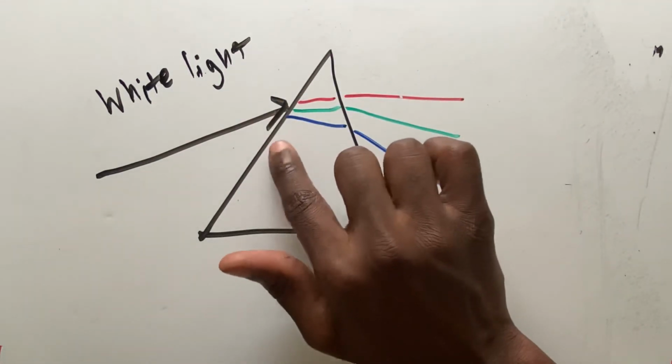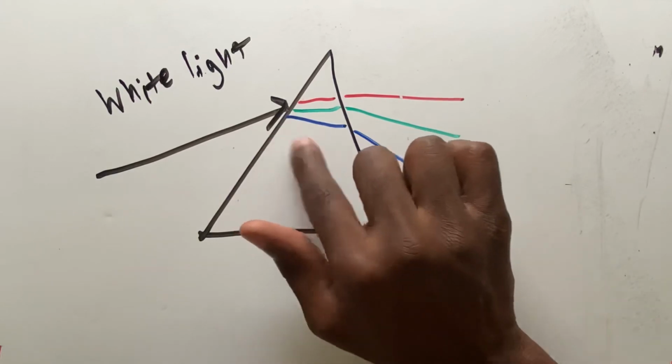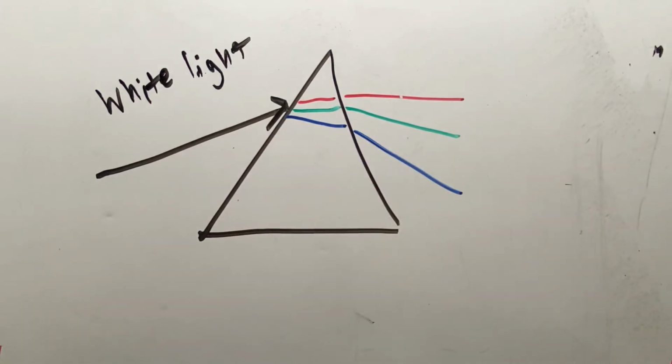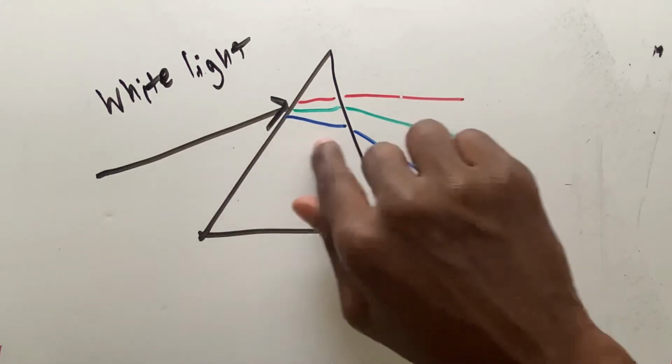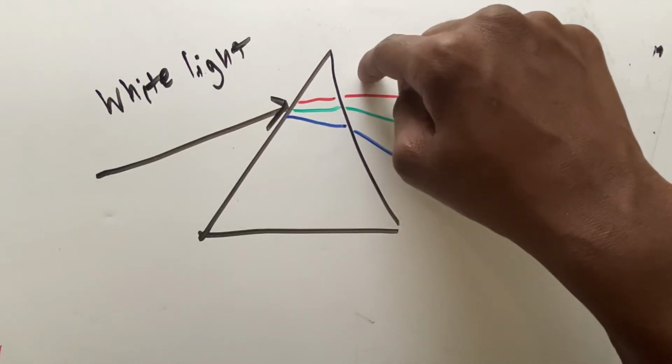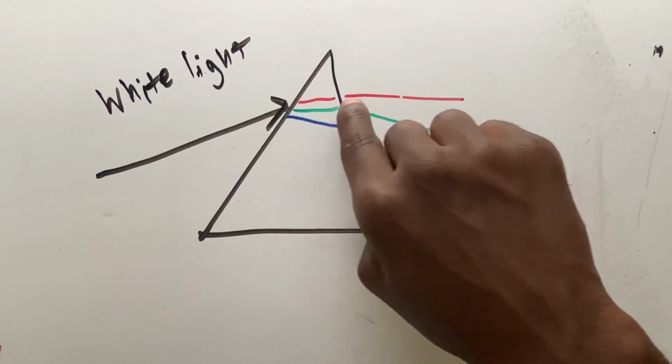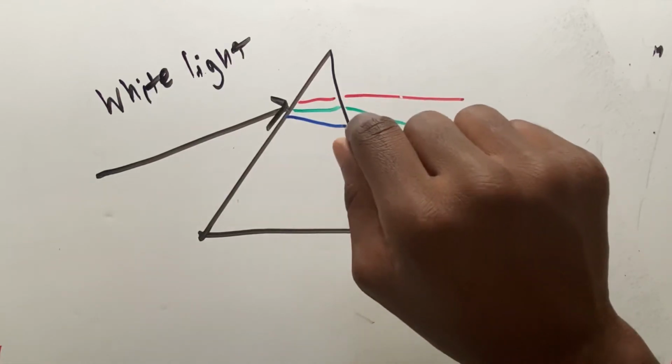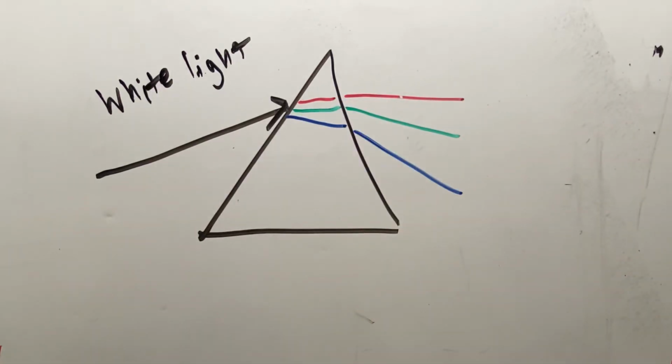So notice here, the blue light is going to bend the most because it has the highest frequency, whereas the red light is going to bend the least because it has the lowest frequency. So blue has a higher frequency than red light.